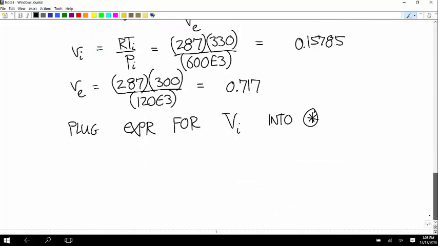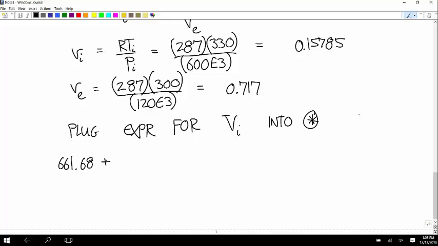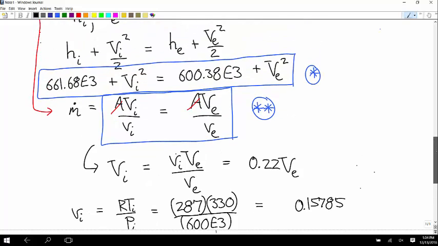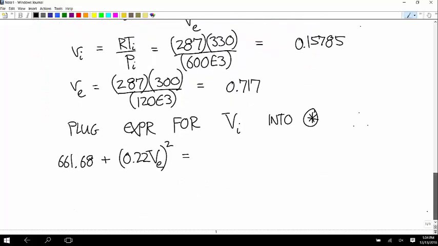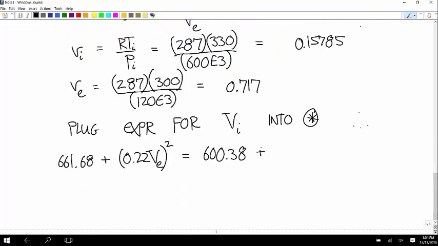So we get 661.68 plus 0.22 times the speed at the exit, all squared, is equal to 600.38 plus the speed at the exit squared.